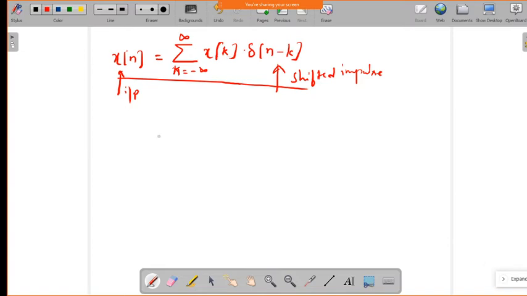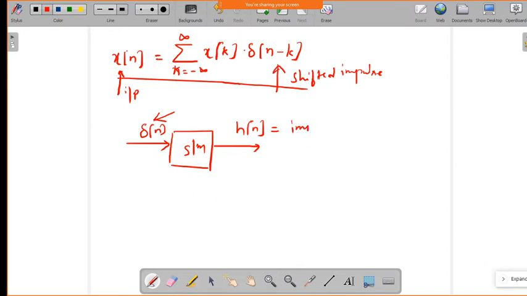Okay, so now if I want the response to an arbitrary signal, for example, I'll give the impulse signal del of n and pass it to the system. Now I'll get a response, which I'll denote as h of n. This h of n I'll call the impulse response.